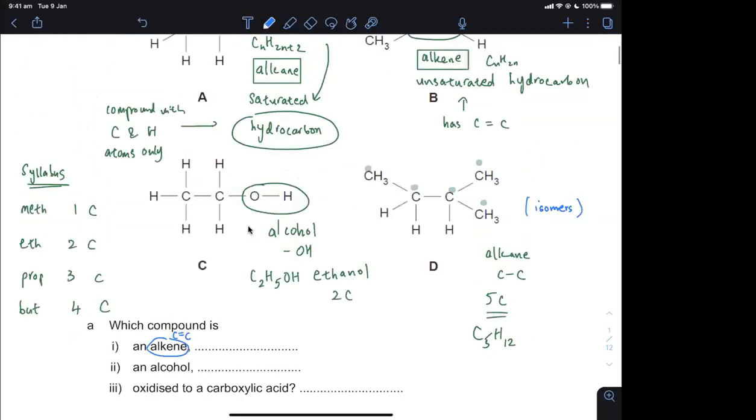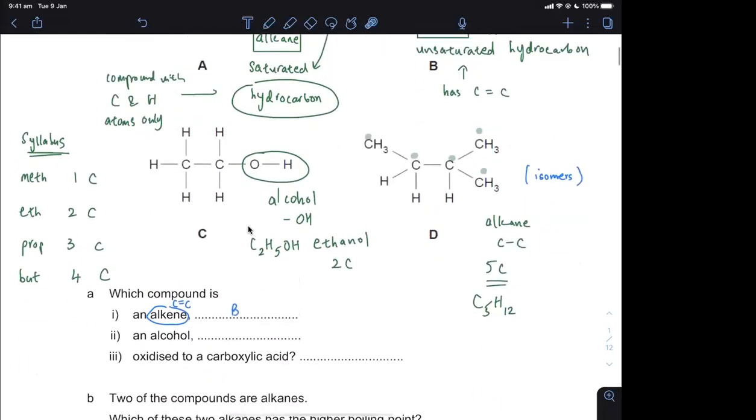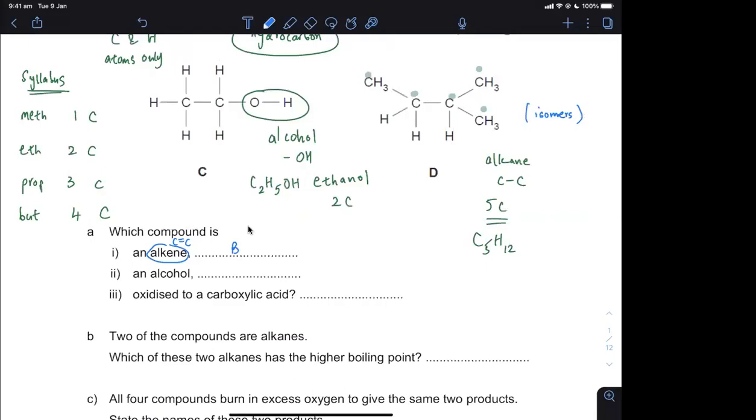So very clearly there is option B because that was what we have just talked about in the question. Alcohol, very clearly there is C because there is the OH there. Oxidized to a carboxylic acid. In the context of organic chemistry, oxidation means gain oxygen, or lose hydrogen.